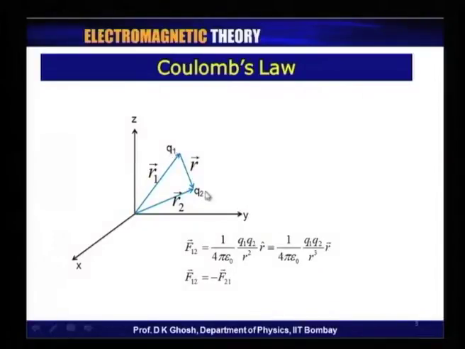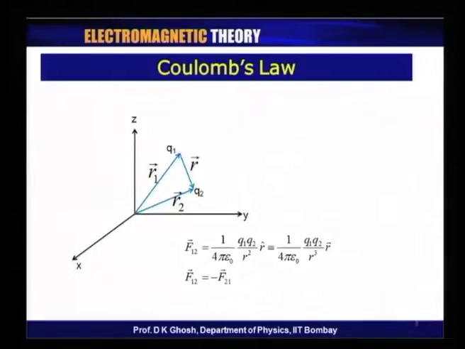The force between q1 and q2 is proportional to the product of the charges, q1 into q2, and is inversely proportional to the square of the distance, namely r, between them. The direction of the force is along the line joining the two charges.